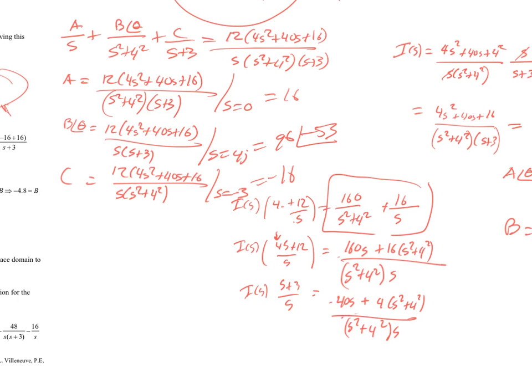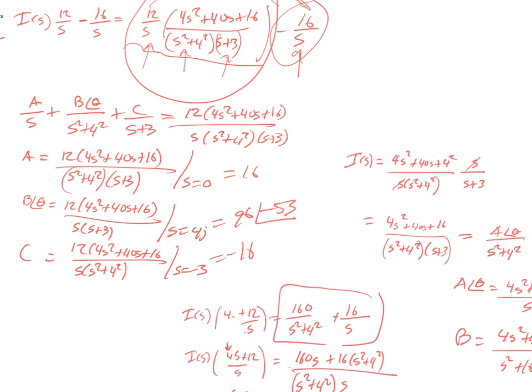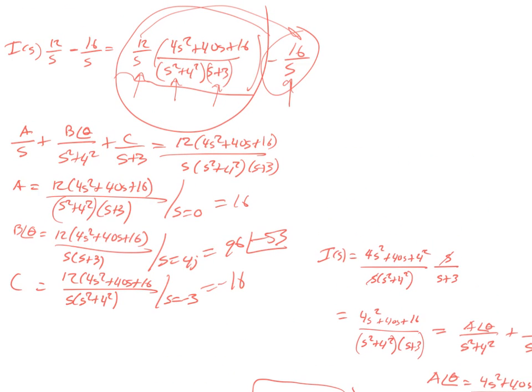Okay, so at that point I'll cheat this down a little bit. This is going to be equal to 16 over S plus 96 at an angle of minus 53 over S squared plus 4 squared minus 16 over S plus 3.